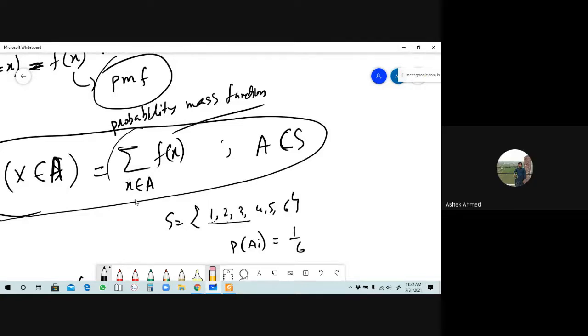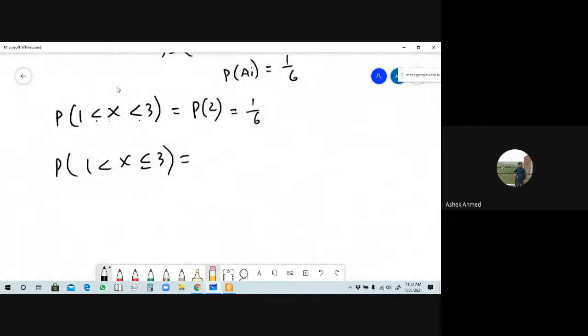We have to sum the probabilities, as given in this formula. So probability of 2 plus probability of 3, since we have equality at 3. So this is 1/6 plus 1/6, which is 2/6. Understand? Response me.